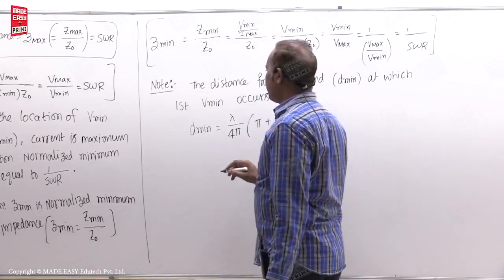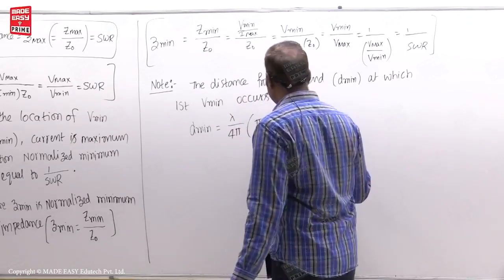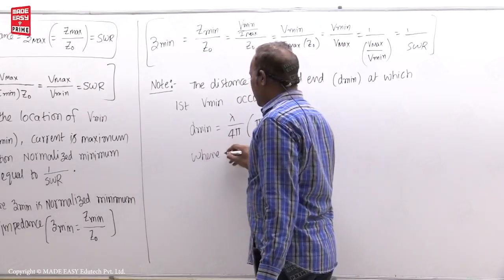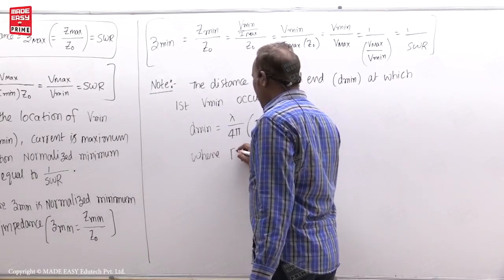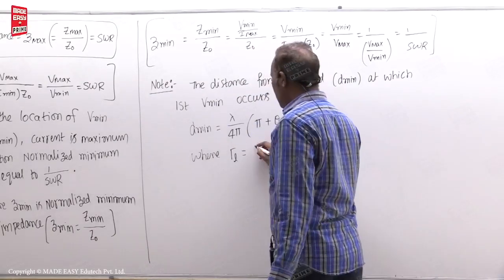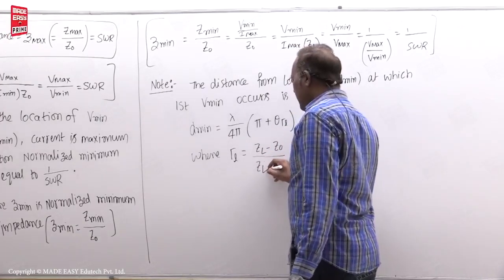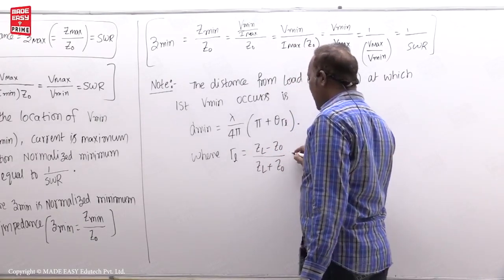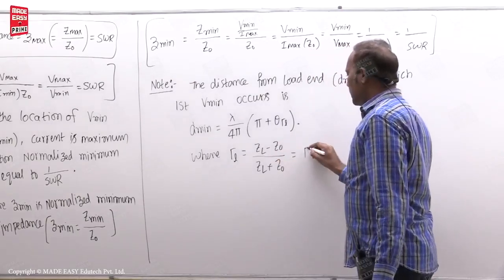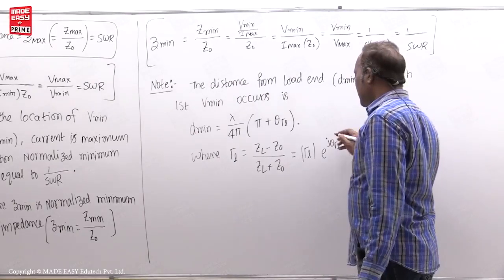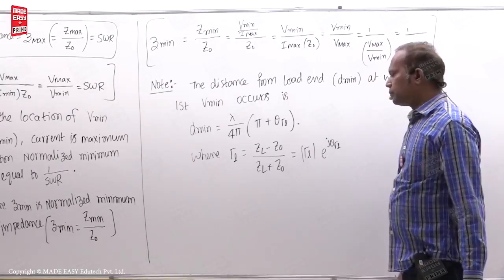So this is the formula. Okay, dear friends, where gamma L is equal to ZL minus Z0 divided by ZL plus Z0. So this is complex in general. So that is mod gamma L e power j theta gamma L, students.